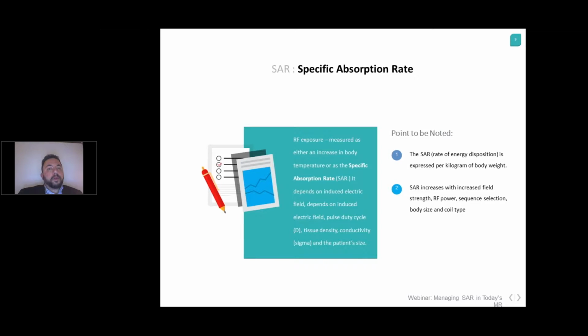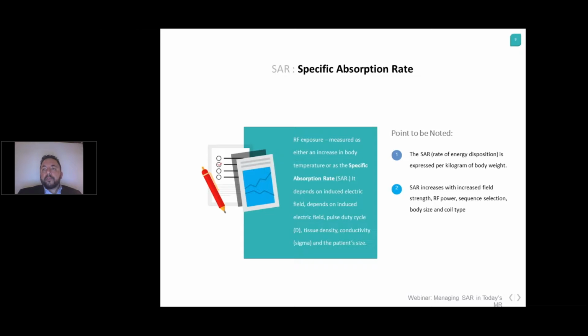The RF exposure in our patient is measured as either an increase in body temperature or as the specific absorption rate. This will be tied into the modes that we operate on, but it depends on the induced field, pulse duty cycle, tissue density, conductivity, and the patient size.